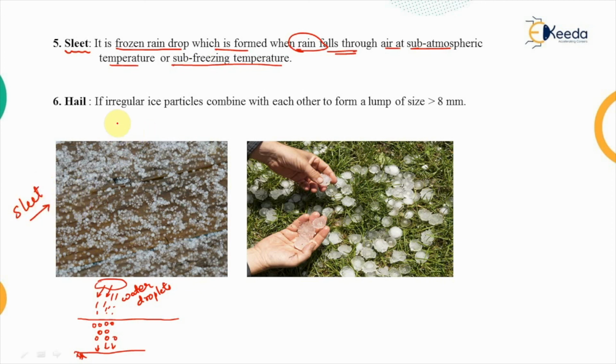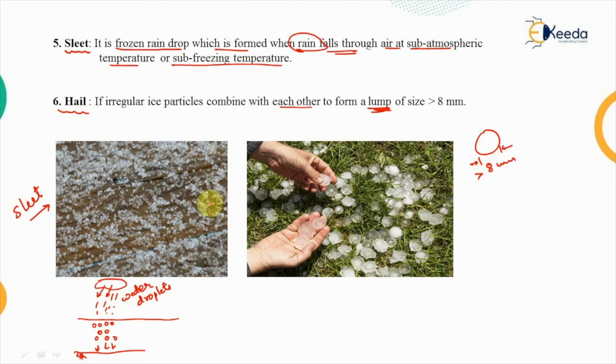Now similar to this, there is a second term known as hailstorm. If irregular ice particles combine with each other to form a lump, that means a mass of size greater than 8 millimeters, then that is known as hail.